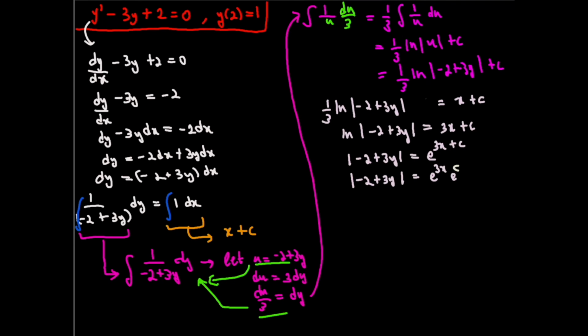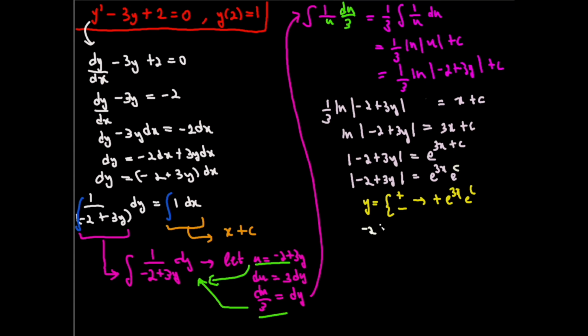So basically, what we're saying in this situation is that y can be positive or negative, and no matter what happens, we're still going to get a positive answer from this. Right? So e to the 3x plus c is always going to be positive. Right? By understanding that, we can incorporate this plus minus situation into this e to the c constant, right?